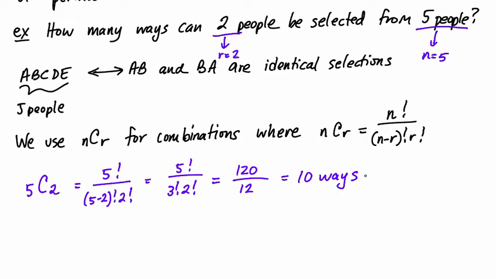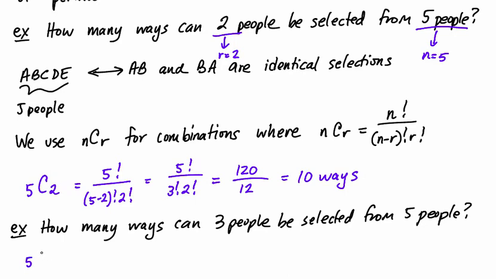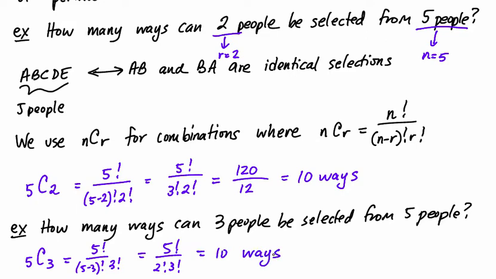Let's see what happens if we do 3 people selected from 5 people. That's 5 choose 3, so 5 factorial over 5 minus 3 factorial times 3 factorial, which is 5 factorial over 2 factorial 3 factorial. Wait a sec, that's exactly the same as what I just had, and hopefully you can reason why. Before, you had 5 people with any 2 being selected, and now any 3 being selected.